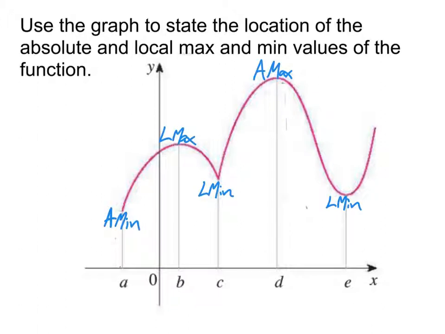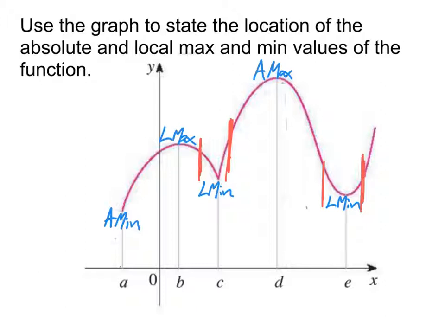Now as we take a look at this, notice there are multiple local mins. That can totally happen. Now how do we know? Basically what you're doing is looking over a certain region. So if I look between here and here, C is the minimum within that range. Same kind of thing happens between these two. Near that point, that is the minimum.